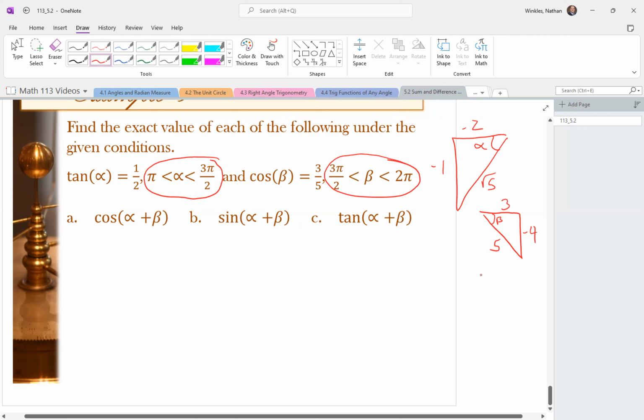So to find cosine of alpha plus beta, so that's cosine alpha cosine beta minus sine alpha sine beta. So cosine of alpha is negative 2 over root 5. Cosine beta is 3 over 5. Sine of alpha is negative 1 over root 5. Sine of beta is going to be negative 4 over 5.